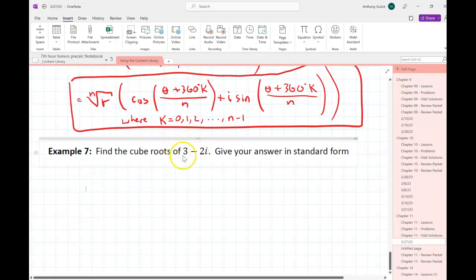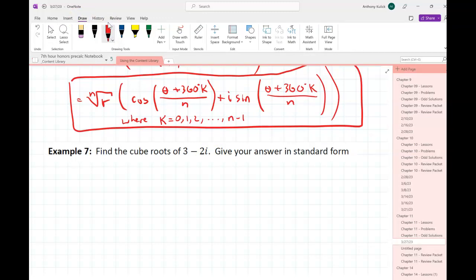Find the cube roots of 3 minus 2i, and then we're going to give our answer in standard form. What form is my complex number written in? Standard. What form do I want it in to do all the operations? Trigonometric. What's the first step going to be? Convert it to trigonometric form.